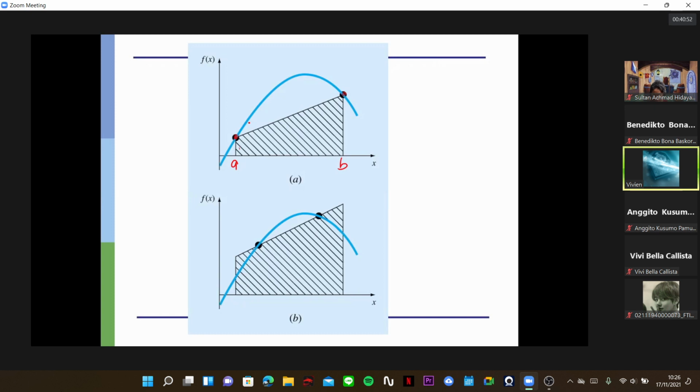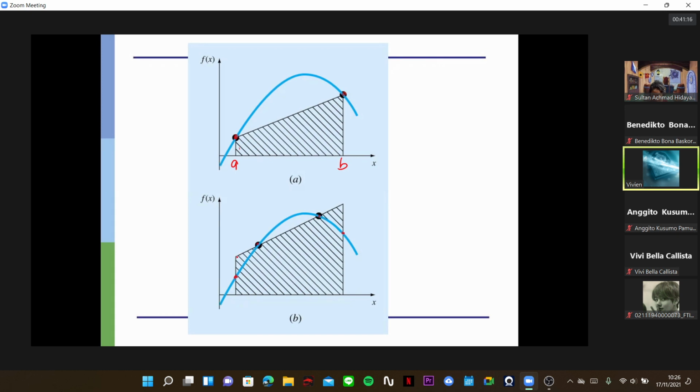but we choose another 2 points inside, which will balance the positive and negative difference. For example, if this is the limit A and B, we don't connect them directly, but we choose another point inside which will balance.